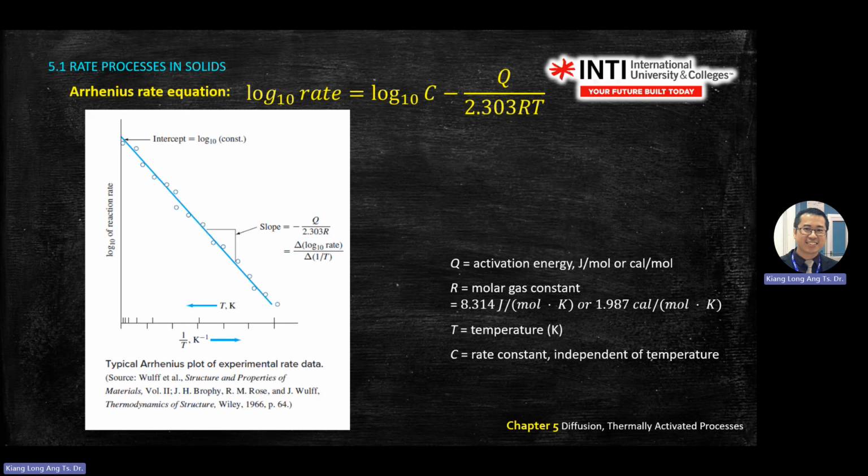So when your x is 0, your intercept is here, log 10 C is over here. Then you plot 1 over T, so your slope will be Q divided by 2.303 R. So you can find the parameters or the slope from this graph.